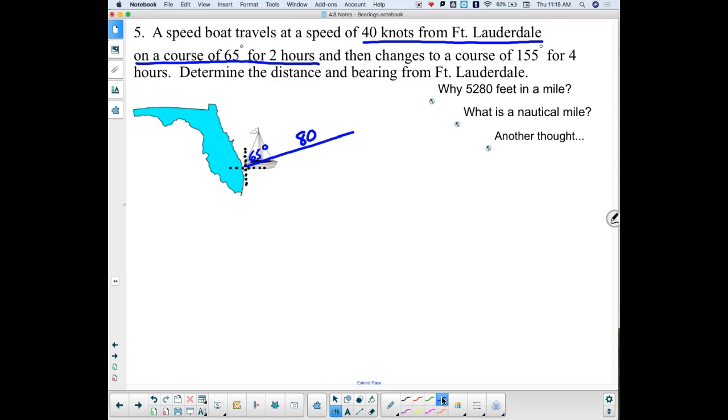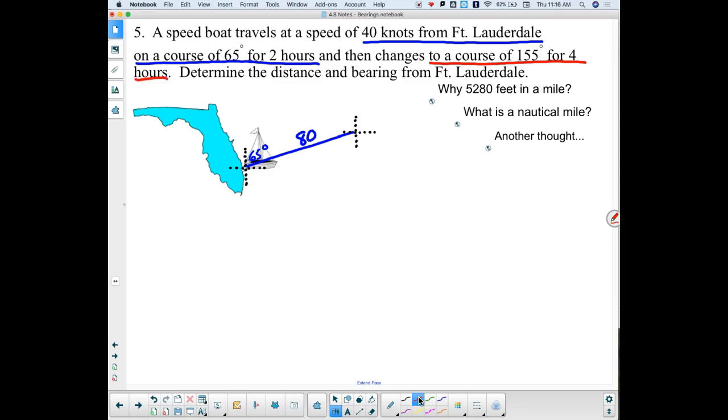Then it changes its course to 155 degrees for 4 hours.